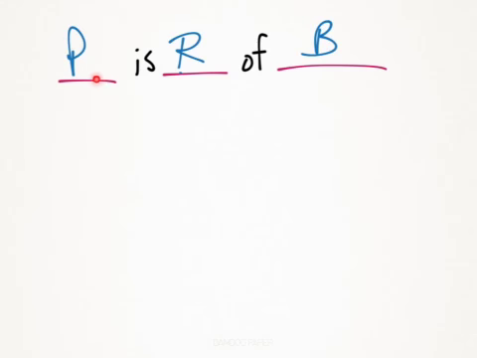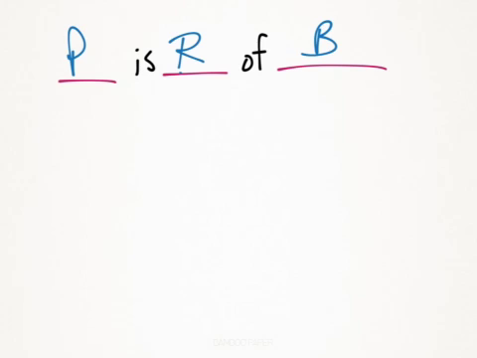Instead, you're going to have big P is R of B. This R could be lowercase or uppercase depending on whether you put it over 100 or not. 95% of the problems you're going to see are set up in this type of sentence structure, where, let's say, 25 is 15% of some number that you have to find, or 25 is what percent of 1,000.